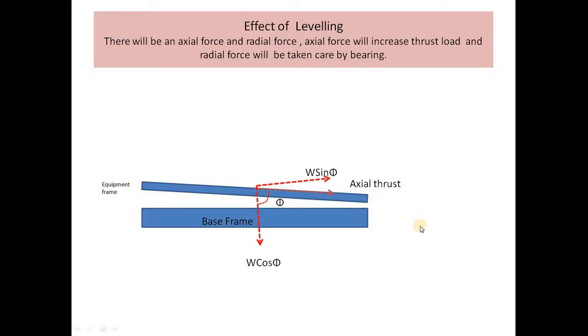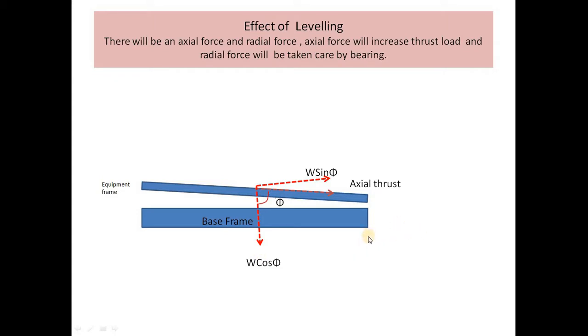What is the effect of leveling? Suppose your level is not perfect, it is inclined. We know the casing is fixed with the foundation bolt, but the rotor is free. So the rotor, due to gravity, will tend to come to the lower elevation side, and this will give some axial thrust on the bearing, or the vertical force will be taken by the bearing.